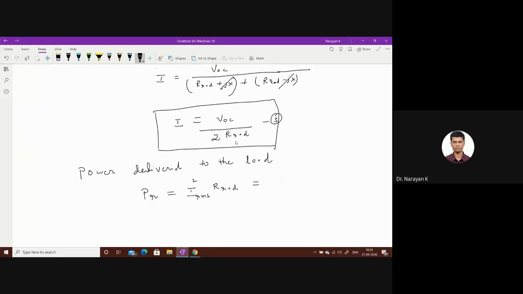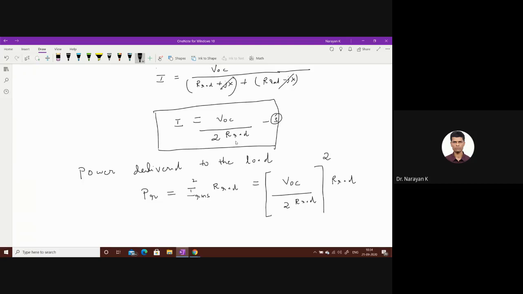So what is I? VOC divided by 2 times radiation resistance, okay, this one whole square into R radiation resistance.